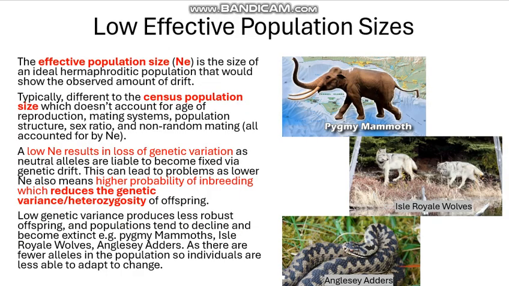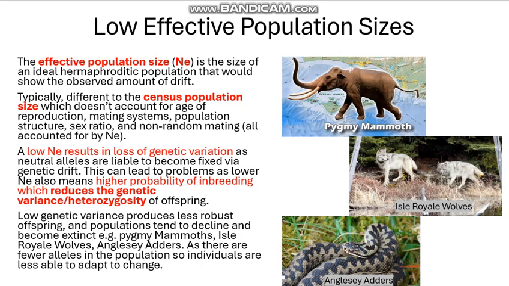So the effective population size, NE, is the size of an ideal hermaphroditic population that would show the observed amount of drift. It's typically different to the census population size, which doesn't account for age of reproduction, mating systems, population structure, sex ratio, or non-random mating.